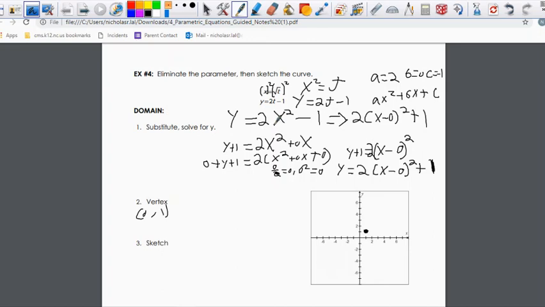And we can just plot points. 2x squared minus 1. So 2 squared is 4 times 2 is 8 minus 1 is 7. We can have a point at 2, 7. y is equal to 2x squared minus 1.